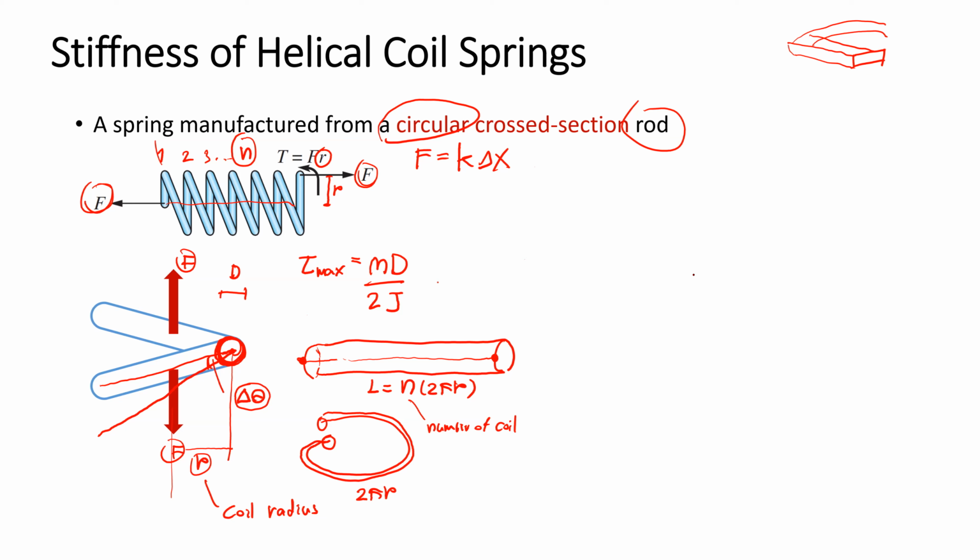But what's going to happen if we twist the rod with a moment? The marker will change position in the direction of the moment.